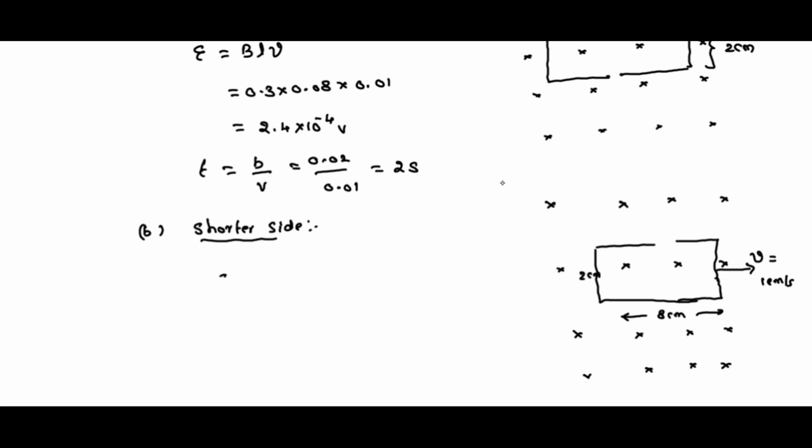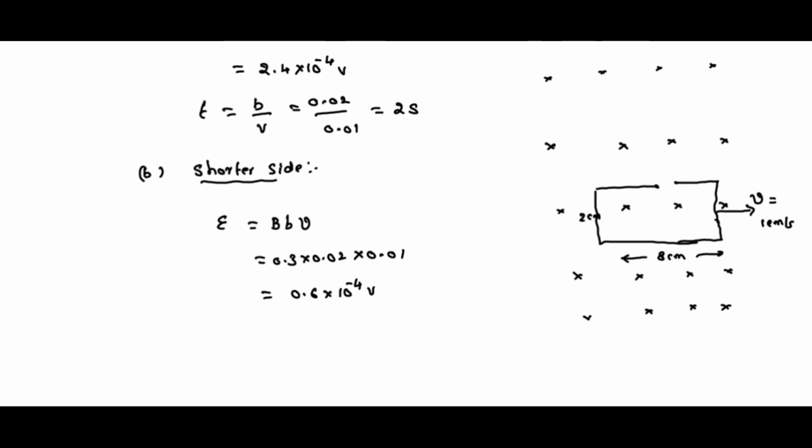So the induced EMF in this case, E is equal to B, and the 2 centimeter acting as the conductor, B into l into V, that is 0.3 into 0.02 into 0.01. If we simplify, this value is 0.6 into 10 power minus 4 volt. That is the induced EMF.